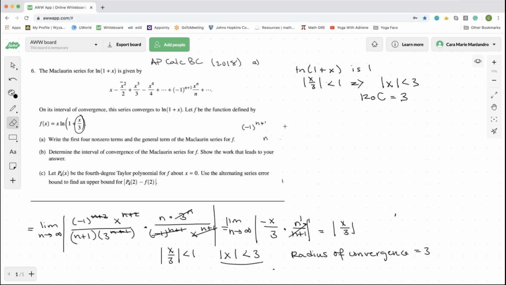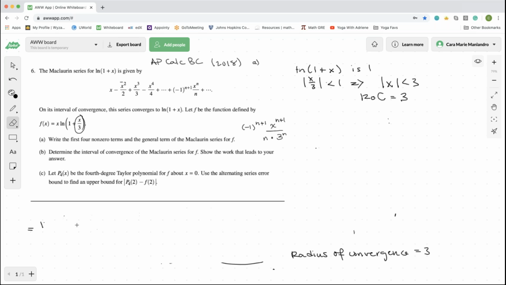Okay, great. So I don't want to erase that. Okay, so let's go ahead and check the endpoints. All right, so let's let x equal negative 3. We'll check the left endpoint. All right, then our series becomes the sum from 1 to infinity of negative 1 to the n plus 1, and then I'm going to just plug in that x.